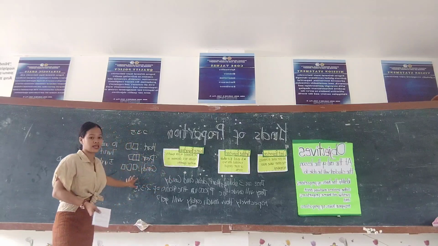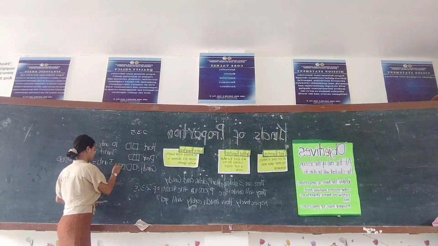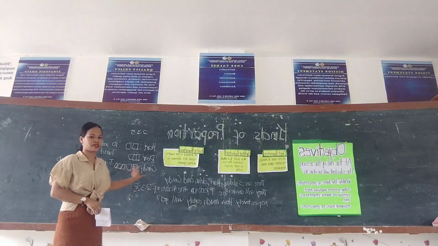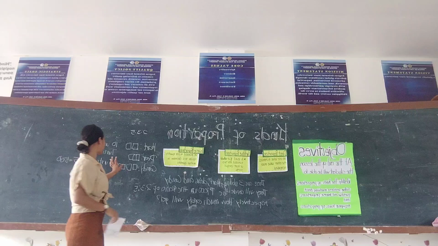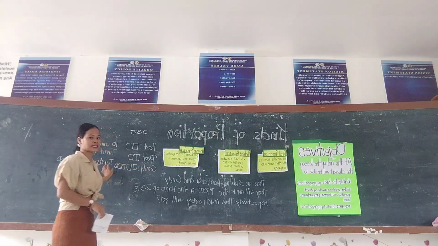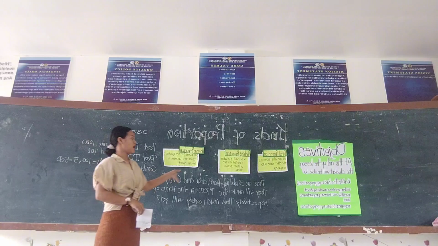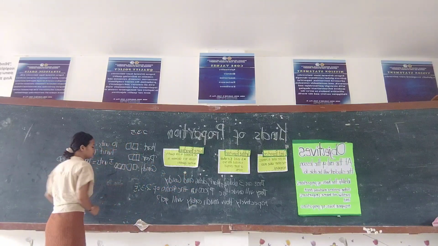Candy's share is 5 units, so we multiply the 5 by 100. So Candy's equal part is 500.